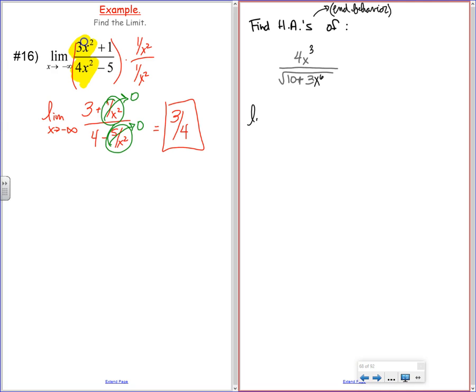How do we go to the right? We take a limit as x approaches positive infinity. And how do we go to the left? We take a limit as x approaches negative infinity.